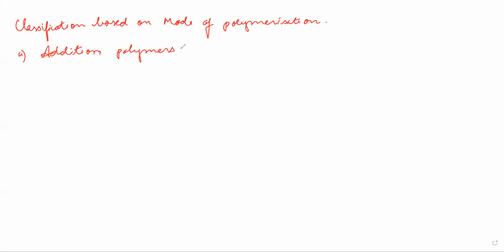Now in this category, whatever definition will be discussed is very important, as questions related to this topic are very common. So let us write what is addition polymer. How is the addition polymer formed?